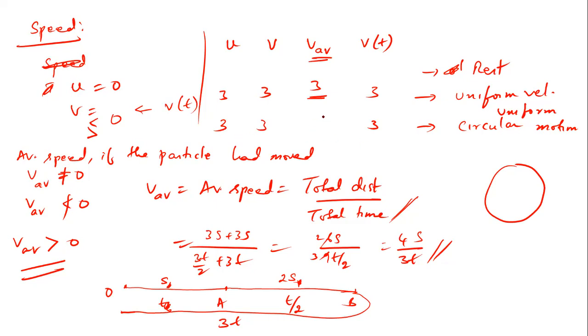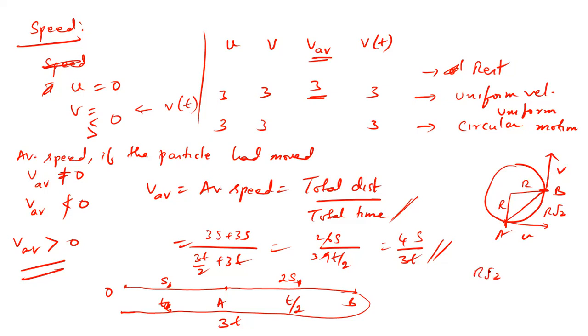But this will change because what happens is u will be like this over here, and here it will be like this over here. This will be your u, this will be your v. And if you ask me what is the average velocity calculated over the point A and point B here, I will not consider anything. I'll just consider this chord here. This will be your radius r, this will be another radius r, so the chord will be equal to r root 2, right? r square plus r square gives r root 2.